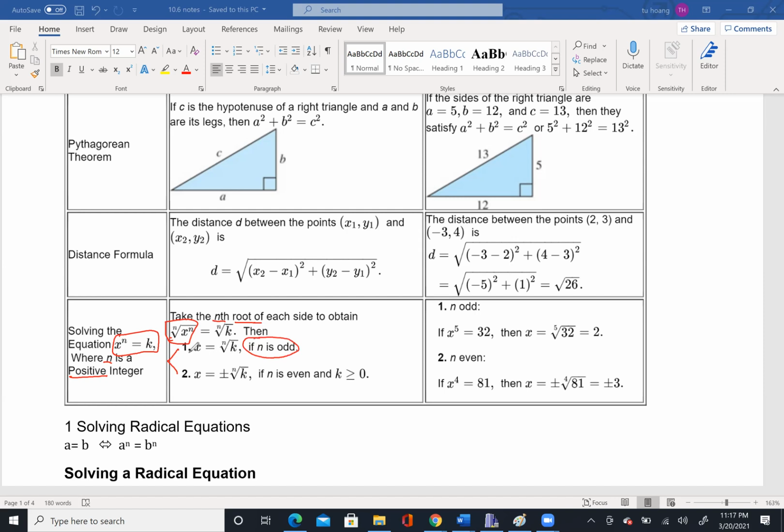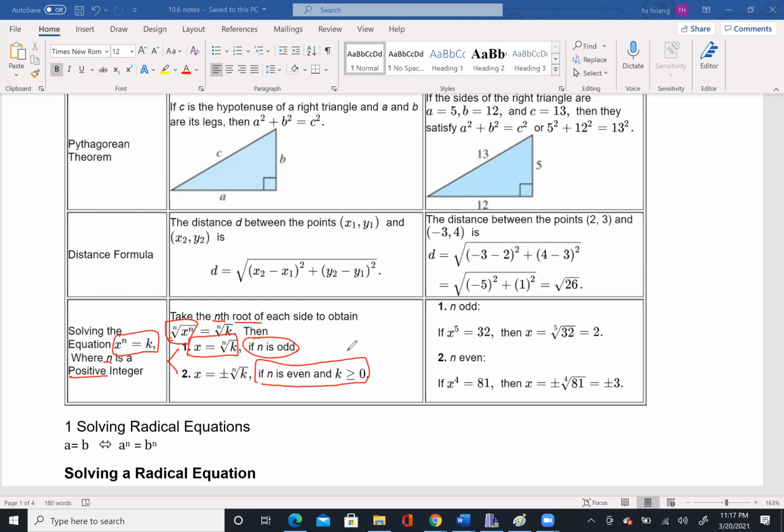If n is odd, you're right away going to have only one solution, x equal to the nth root of k. But if n is even and k is greater than or equal to 0, then you will have two solutions, positive and negative nth root of k.